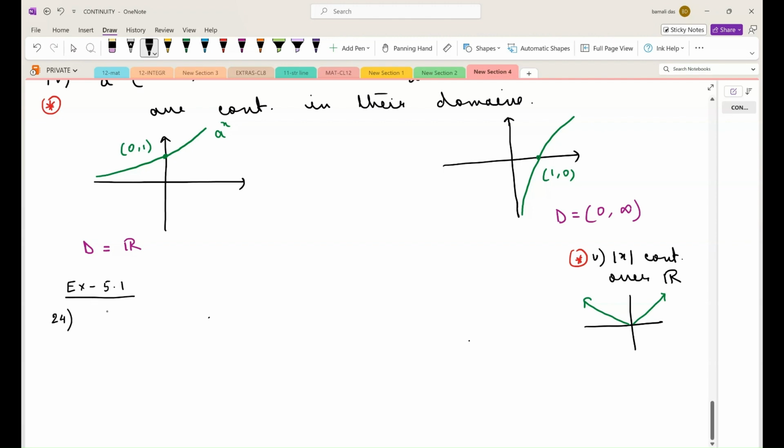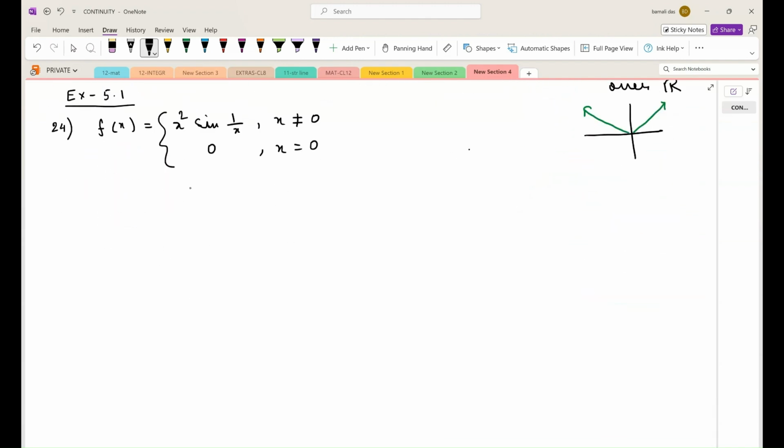Here, the function is defined like this: f(x) equal to x square sine 1 by x when x not equal to 0, and 0 when x equal to 0. Again, this sum is a very important sum, often comes in the exam.